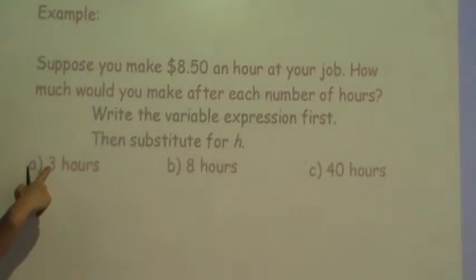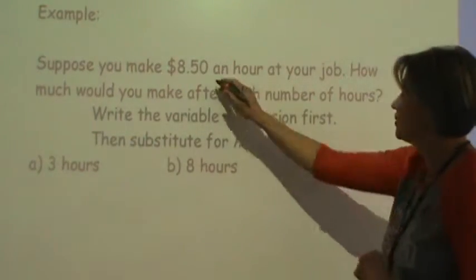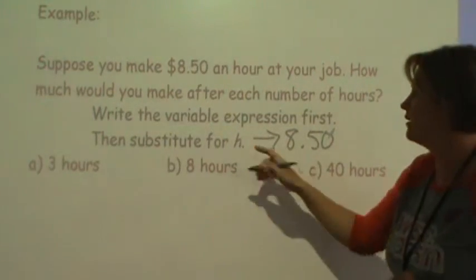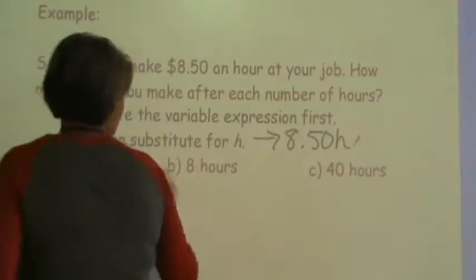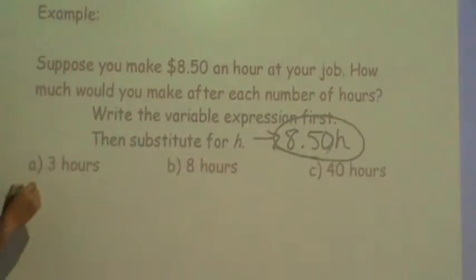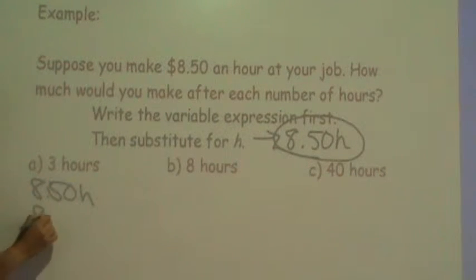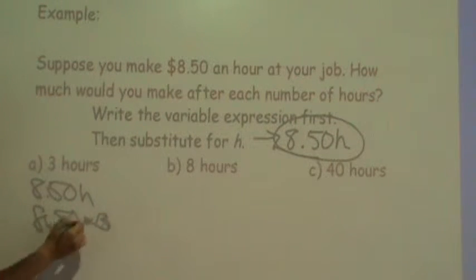So for 3 hours, let's write the variable expression first. We've got $8.50 times h, the number of hours that we work. So 8.50h is our variable expression. And if h equals 3, we're going to substitute in. So 8.50 times 3 is going to get us our answer.